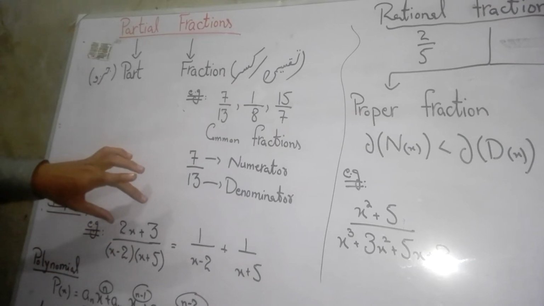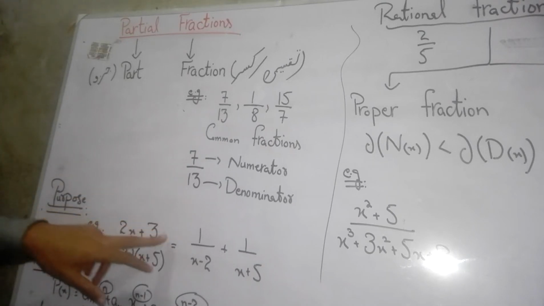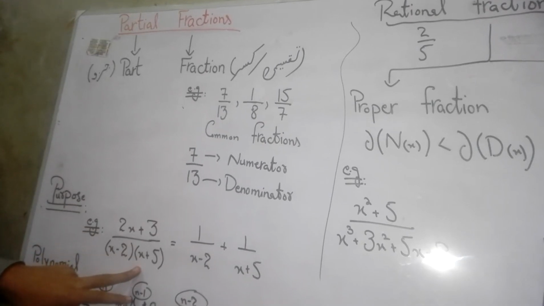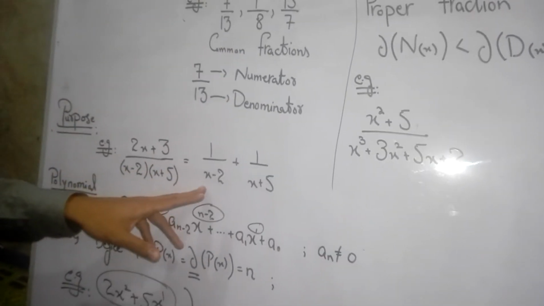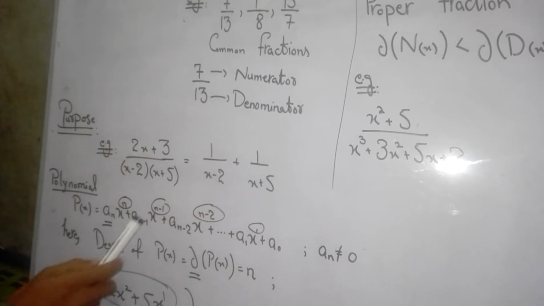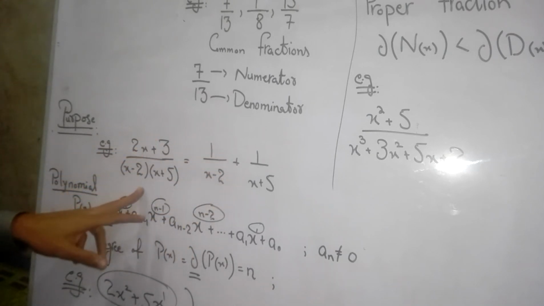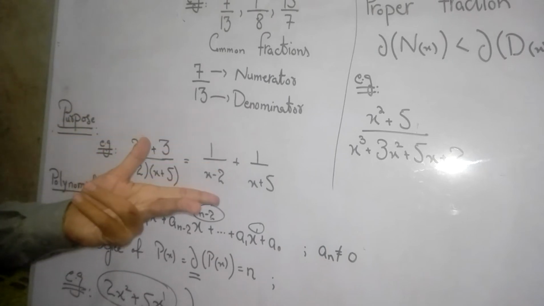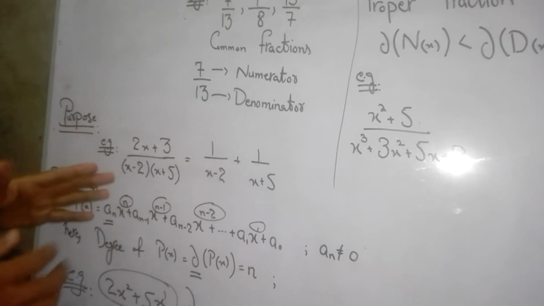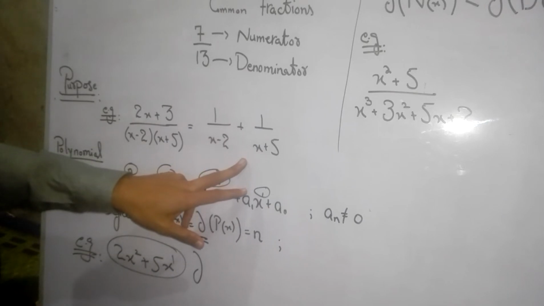After solving it, we will write it in the form of parts. You can observe that there is more than one fraction, so a fraction has changed into fractions, which means it has changed into parts, so this has been converted into partial fractions.